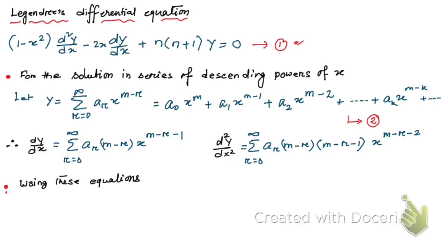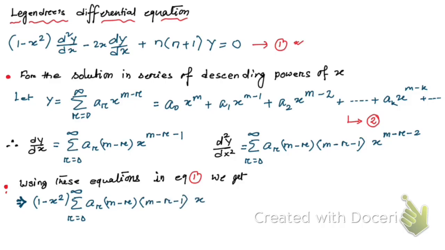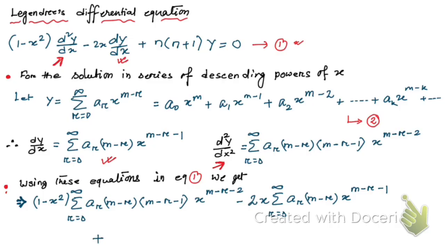Using these results in equation number 1, let me write here. First let me write here what we have got, and after that I'm gonna explain it again. Just give me a second.